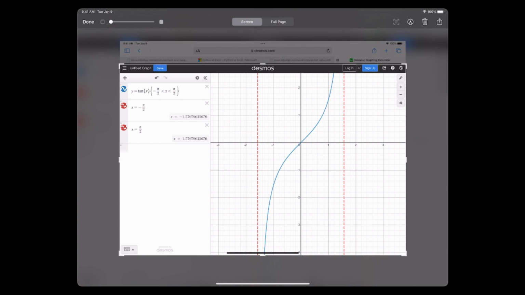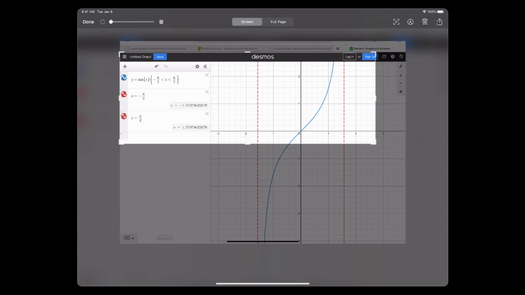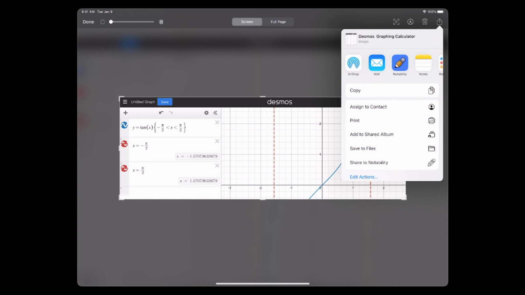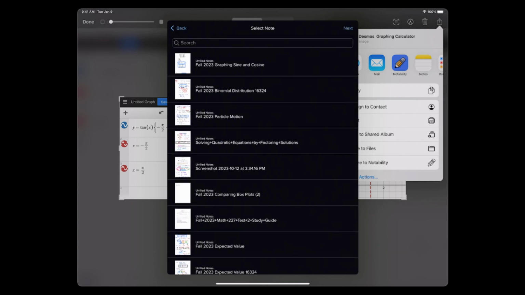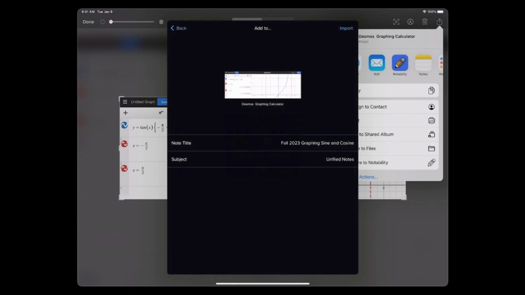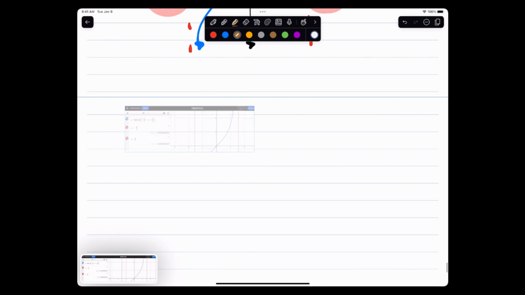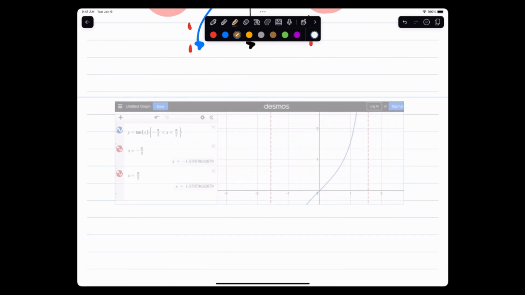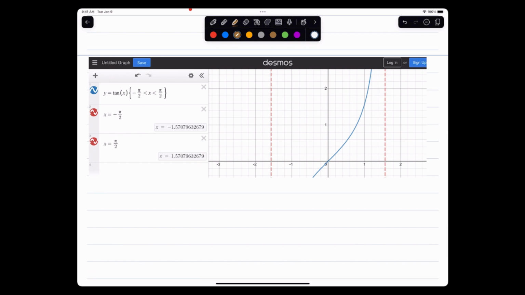So, I want to bring that picture in, and maybe it's good to bring in everything. Ah, I don't think I have it all. What happened? We're going to have to get rid of that.